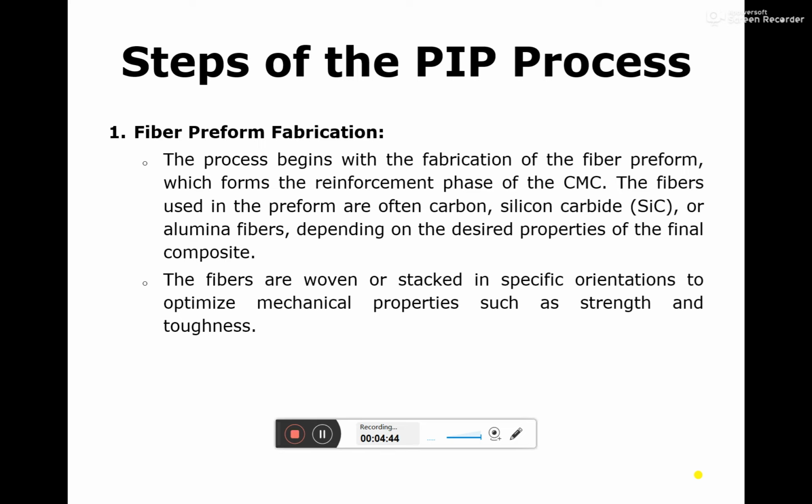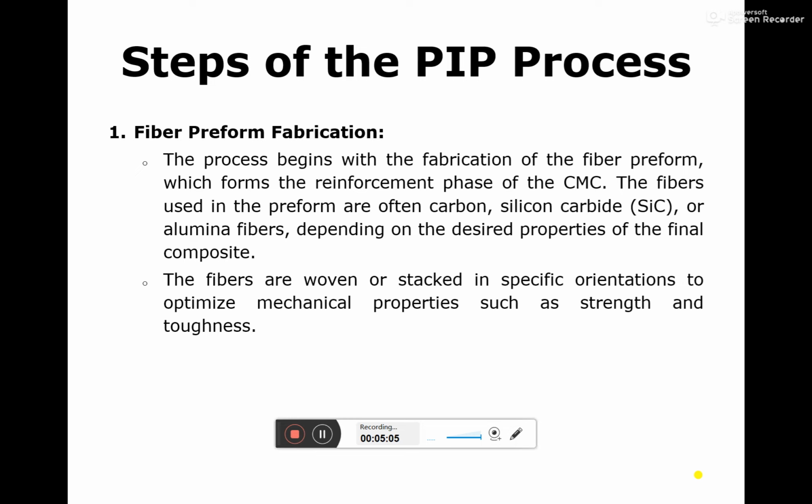The fibers may be woven or stacked. You can use fabricated stacked sheets of different thicknesses, and these different sheets will be glued or stacked, one layer over the other.